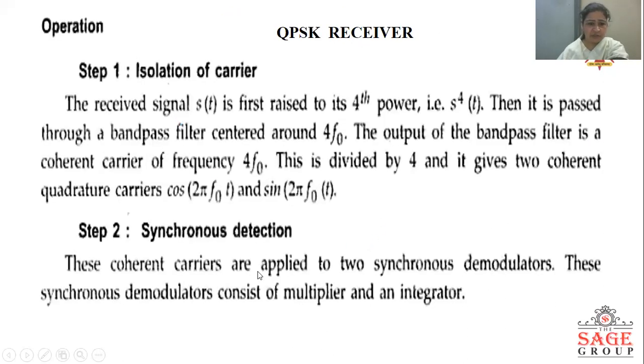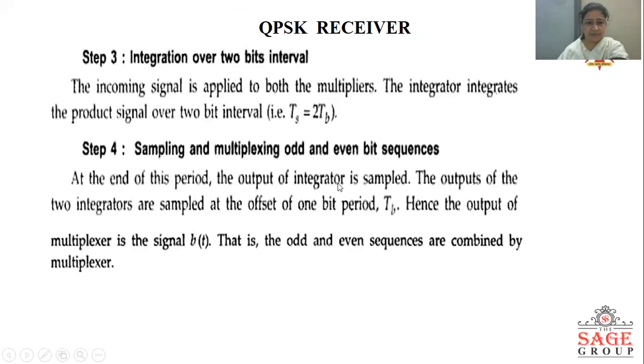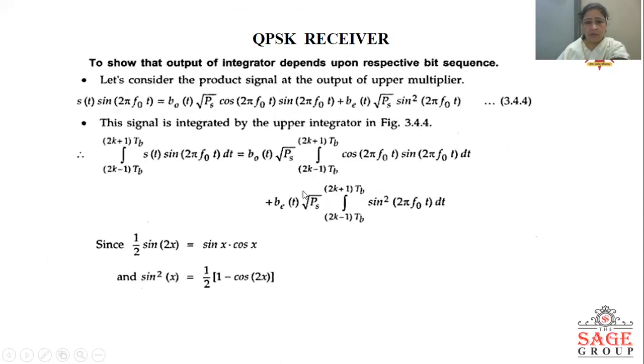So I have already discussed the synchronous detection method and the integrator circuit. At the end of the period, the output of the integrator is sampled, and the output of the multiplexer will be the signal b(t), where the odd and even sequences are combined by the multiplexer. Now, coming to the output of the integrate and dump receiver.